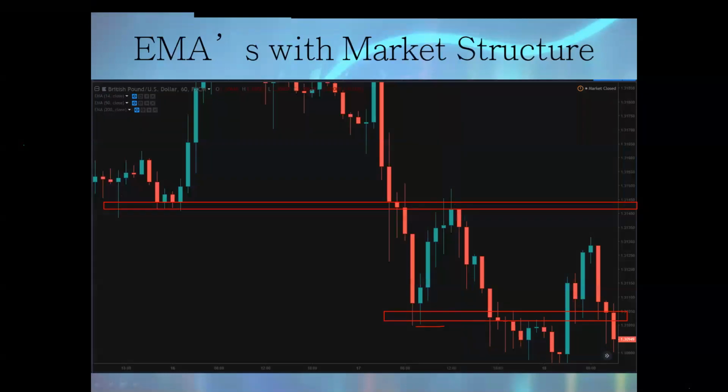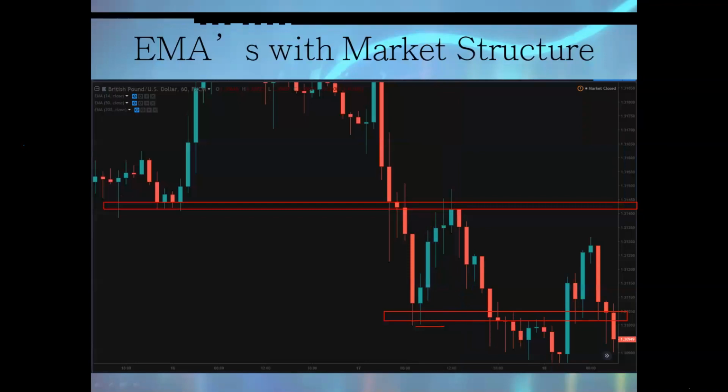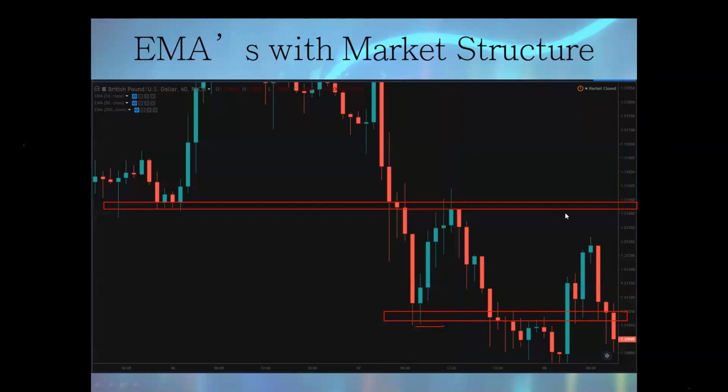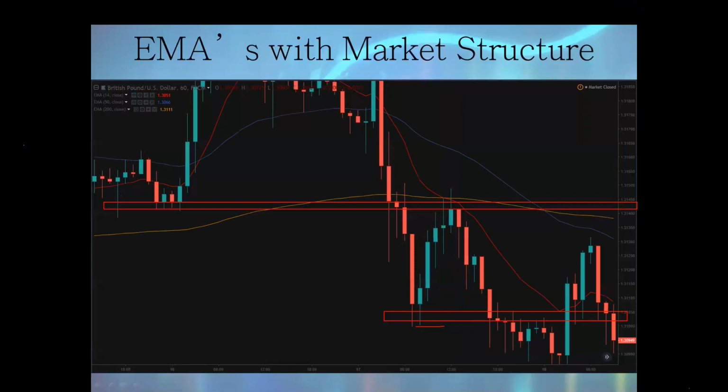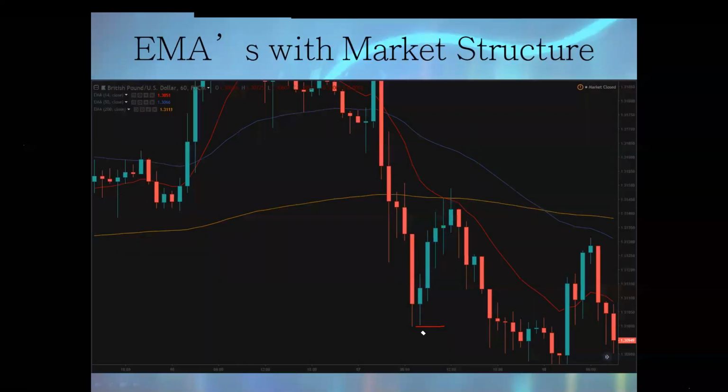But guess how the EMAs look here. You were just surprised how EMAs look here. Does this make sense with EMAs now? Because you're looking at price action first.